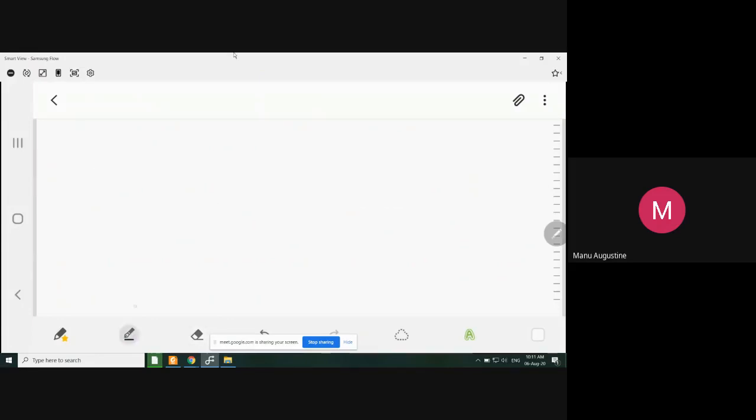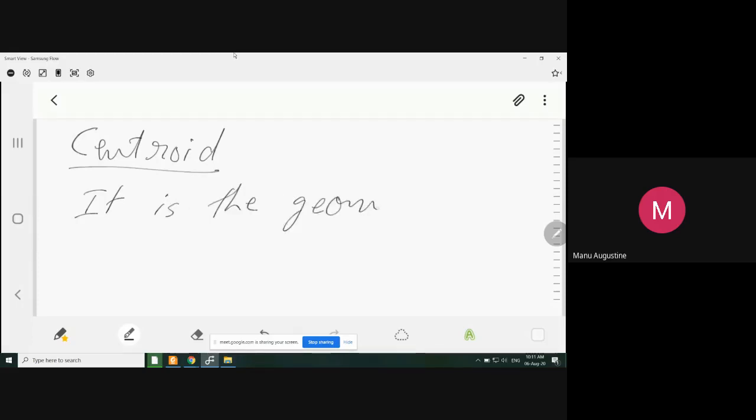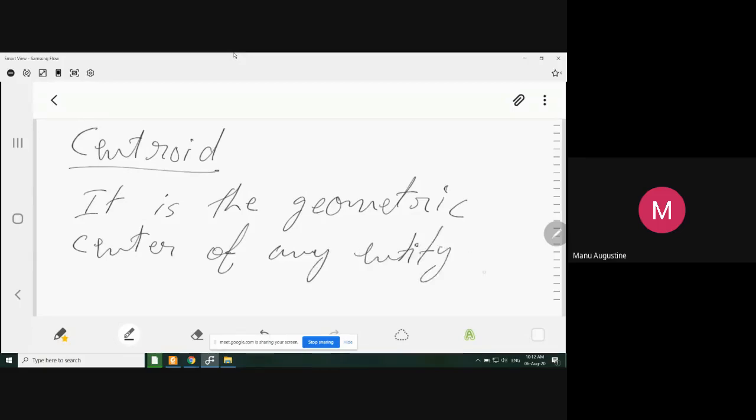What is a centroid? It is the geometric center of any entity. See, please remember that I'm using the word entity here.